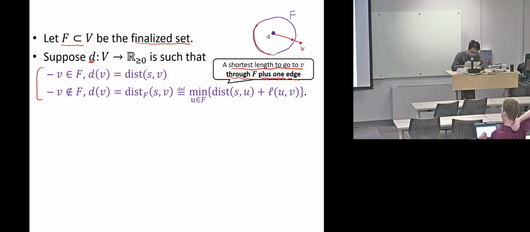F is like a ball around S, right? And the distance from S to V with respect to F is just minimizing over every node U in F, taking the distance from S to U plus one more edge from U to V.